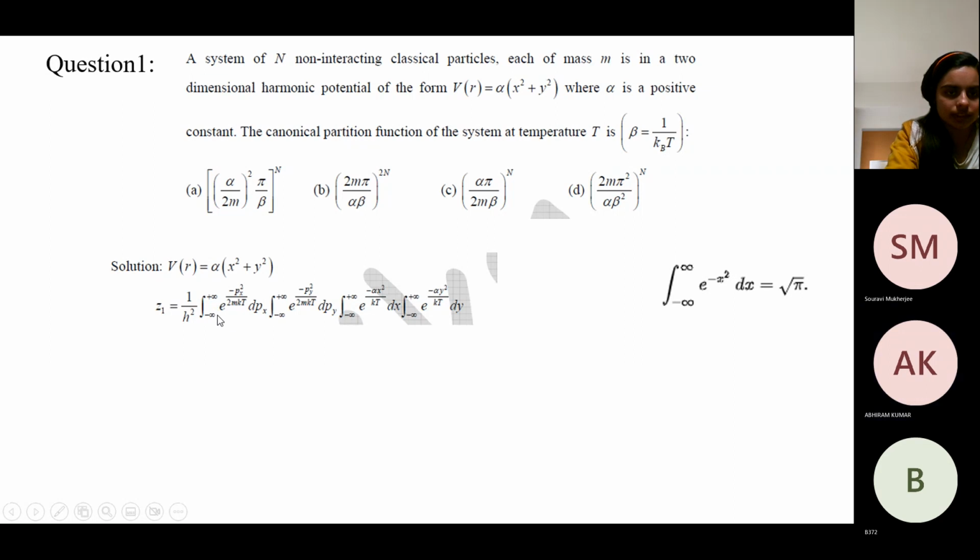Is this clear? We do an integration for px, for py separately, and then we do for dx and dy. So we break the Hamilton for the individual variables. Okay, the h squared term comes because of the Heisenberg uncertainty, right? Now, because now it's in 2D. Is this clear how we get to this expression?